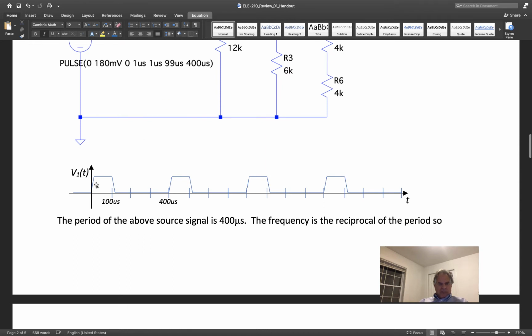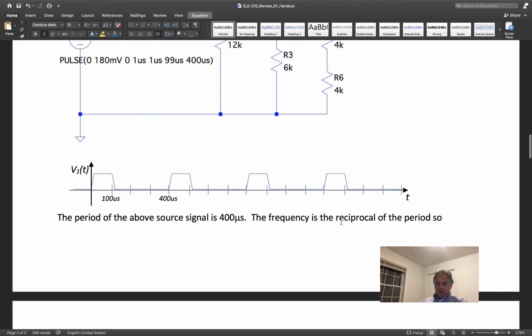Now this waveform repeats every 400 microseconds, and it's high for the first 100 microseconds and low for the last 300 microseconds.